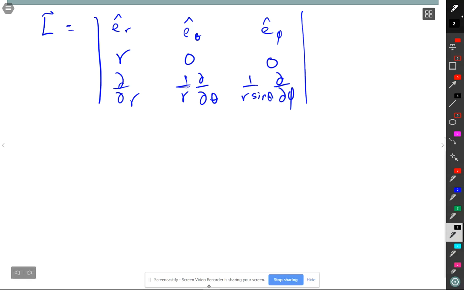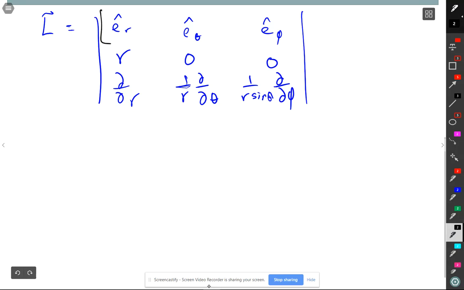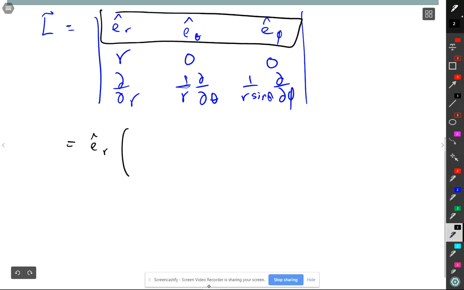If I take this row, I only have to do it once. But the problem is it's going to mix my component directions. And I want how much in each component direction. So I still start with this one. So that's going to be equal to, in the r direction, that's going to be 0, right?